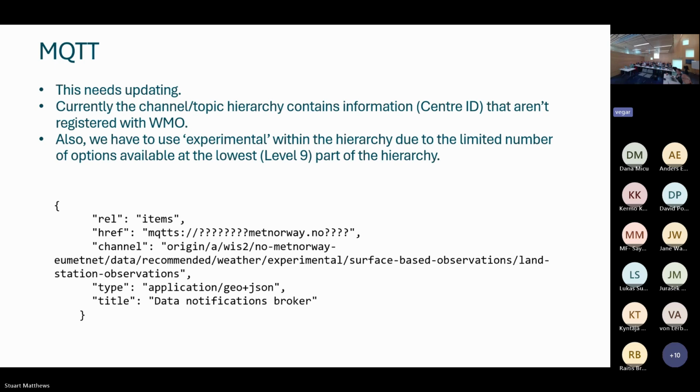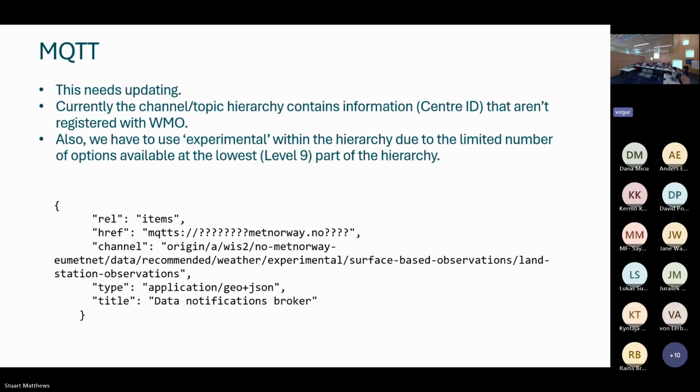Also in the topic hierarchy, we've had to use the term experimental within the data set, because within the hierarchy there's something called surface-based observations, and below that there's very little that we can use.